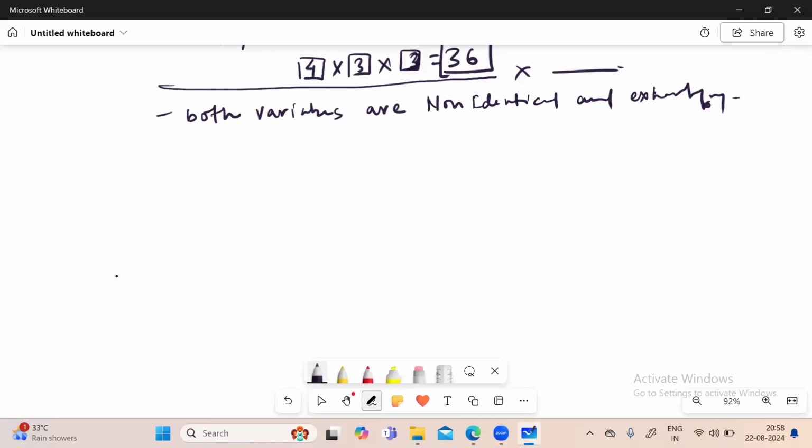ऐसा कोई एग्जाम्पल बताओ फटाफट, ऐसा कौन सा हमने लिया था बताओ, where both were non-identical and both of them were exhausting.